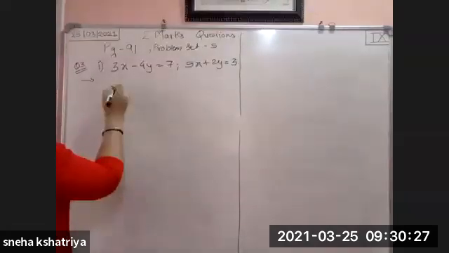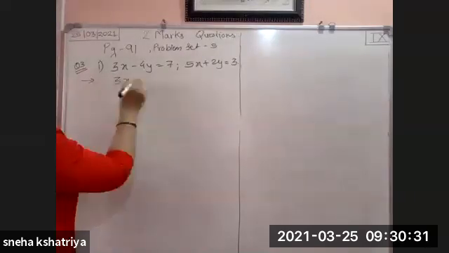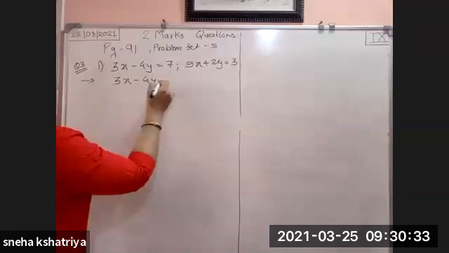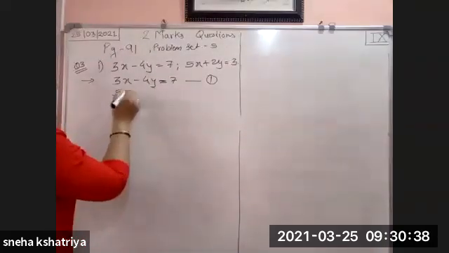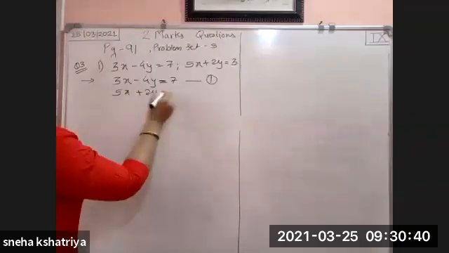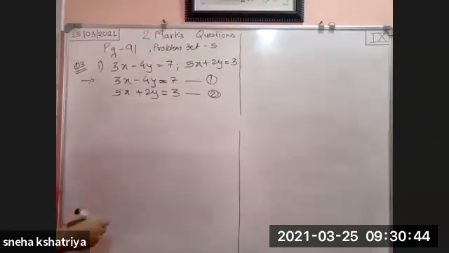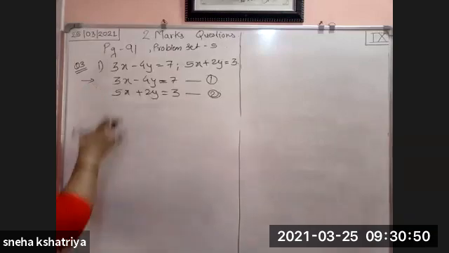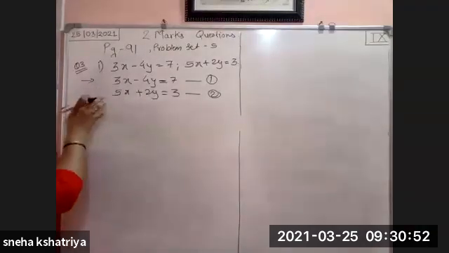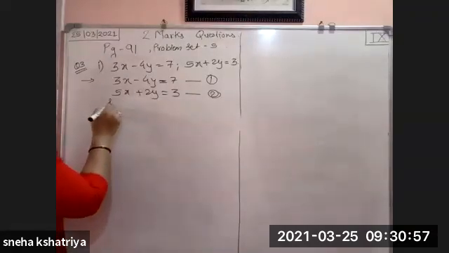We can directly write equation number 1 and 2. Given that 3x minus 4y is equal to 7, equation number 1, and 5x plus 2y is equal to 3, equation number 2. So what we are doing is the substitution method. We take the value from one equation and put it in the other. So from 1 we will find the value of either x or y and put it in equation 2.